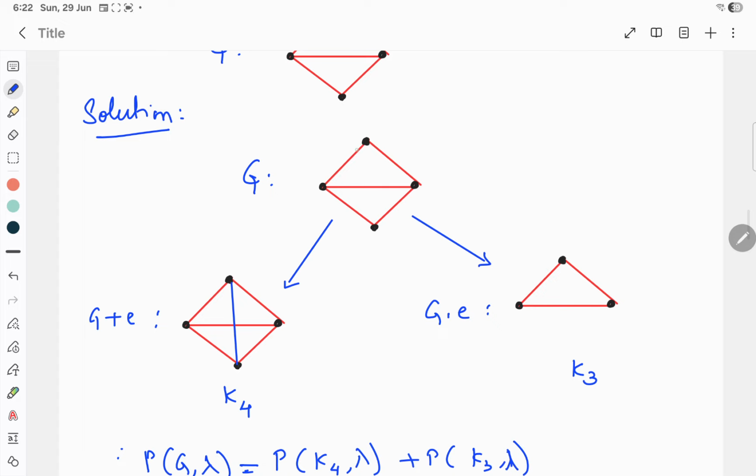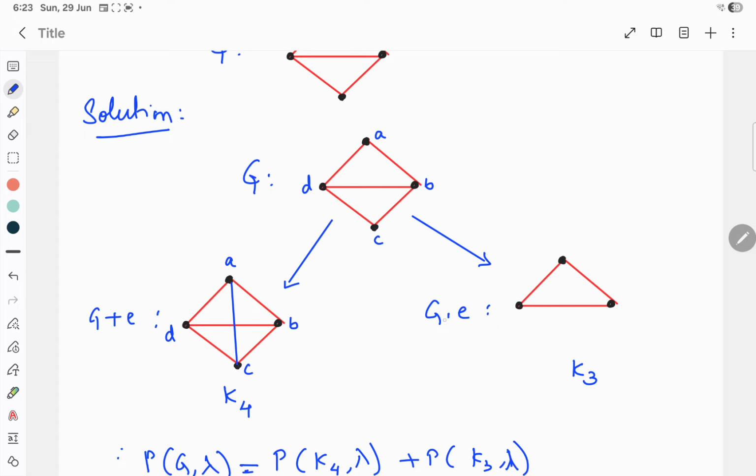Let me call the vertices A, B, C, D of the graph G. Now A and C are non-adjacent vertices. So we are going to draw an edge between A and C. So that is your G plus E. Now it became A, B, C, D with this edge.